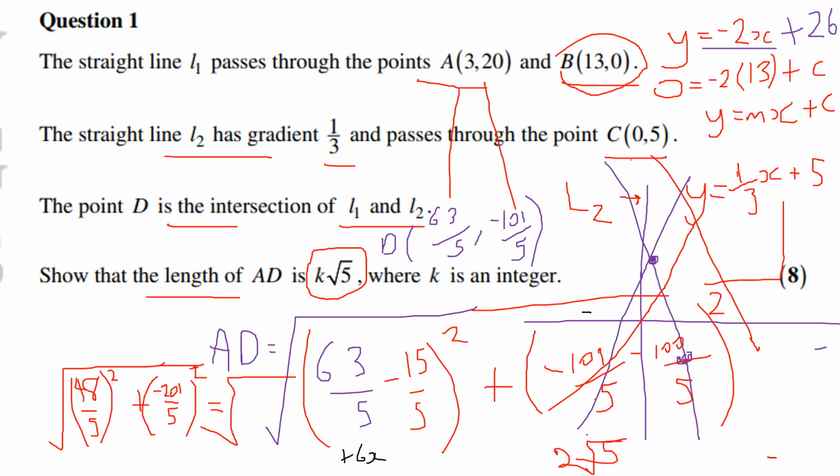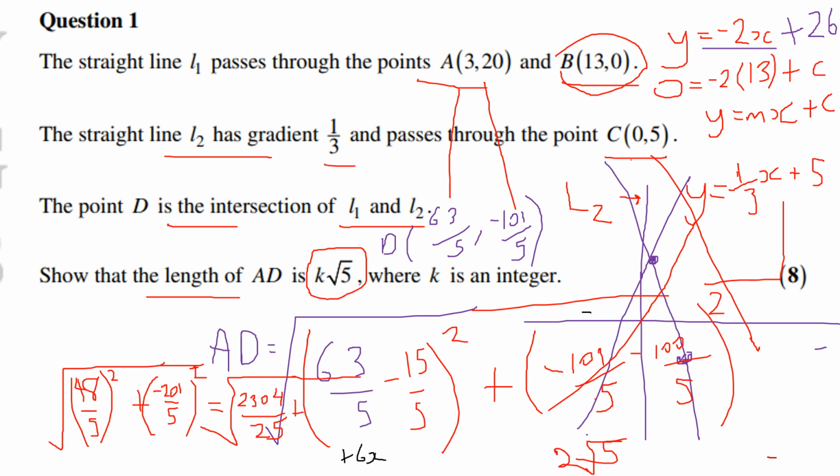So if I square 48, sorry guys for going a bit over here, what do I get? I'm going to get 2,304 all over 25, and then I'm going to add this.